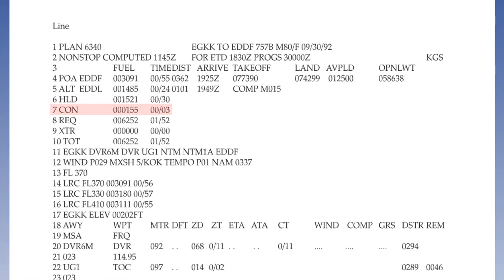This is 5% of the trip fuel shown in line 4. Total fuel required in line 8, which is the sum of all the figures above, is 6,252 kilograms. There is no extra fuel required in line 9, and so the total remains at 6,252 kilograms. Note that the taxi fuel is not included in the flight plan, as this fuel is not intended for use in flight.